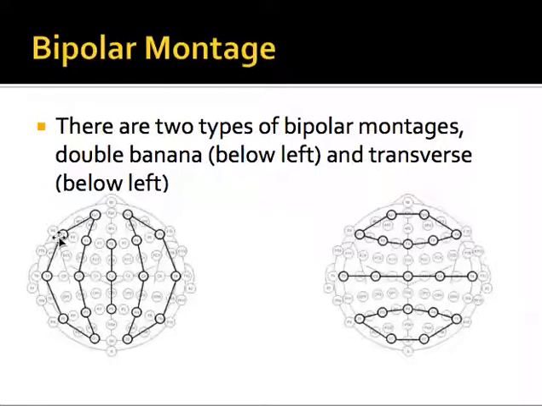So a channel then is this difference. This is the most commonly used bipolar montage. The transverse montage is another montage that runs from left to right across the head. Not as commonly used, it's sometimes used when people are looking at epilepsy and trying to get localization across hemispheres. So those are the two bipolar montages.